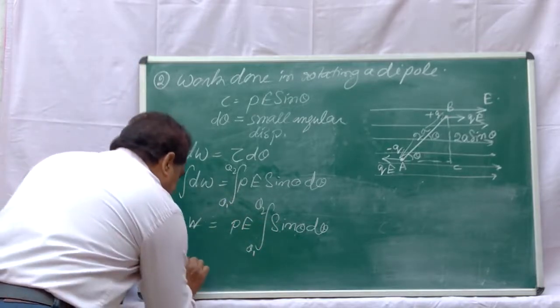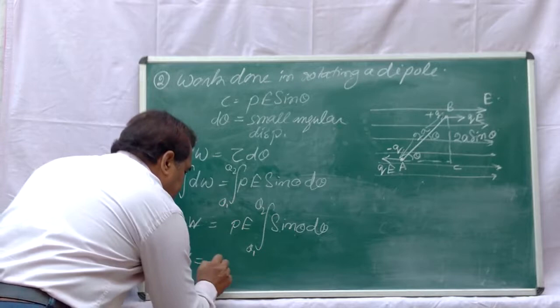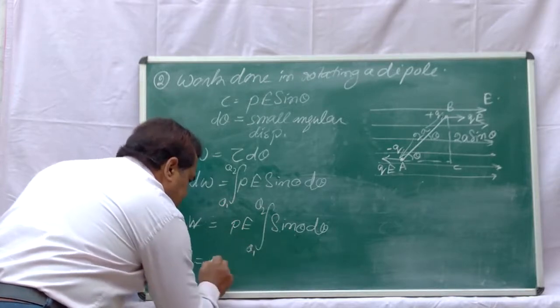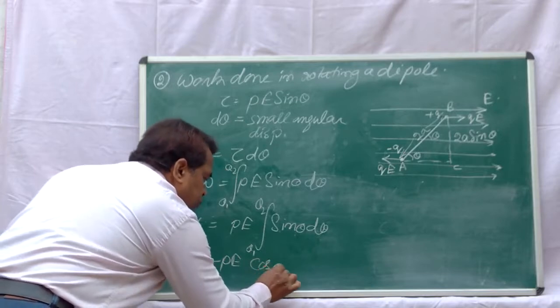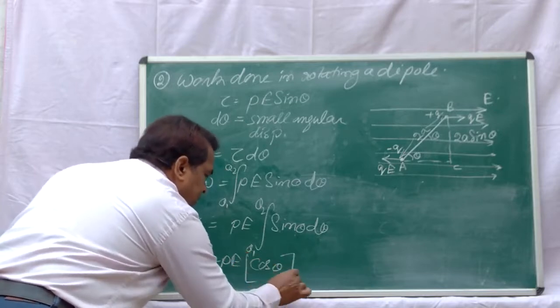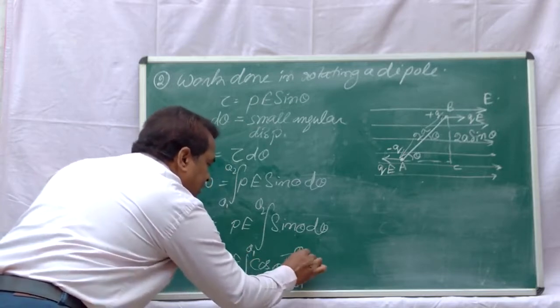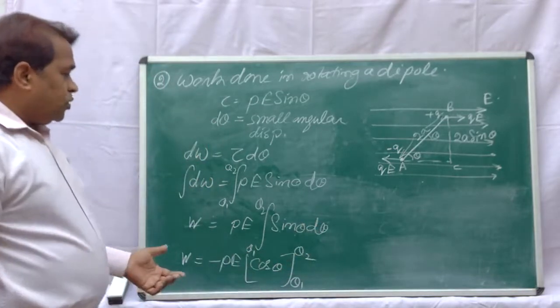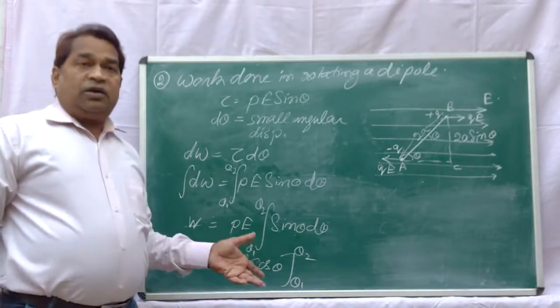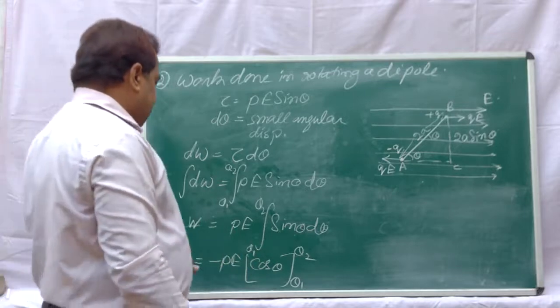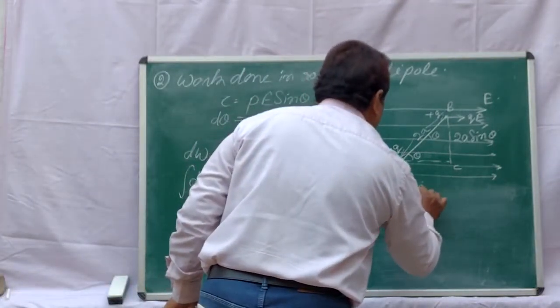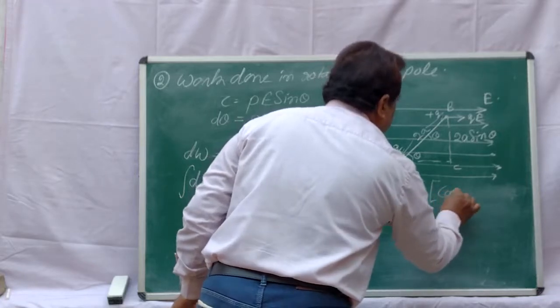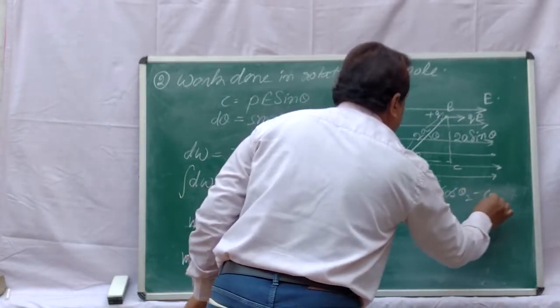So we can write W is equal to minus pE cos theta between the limits theta 1 and theta 2. Putting the upper and lower limits, work done is equal to minus pE into cos theta 2 minus cos theta 1.